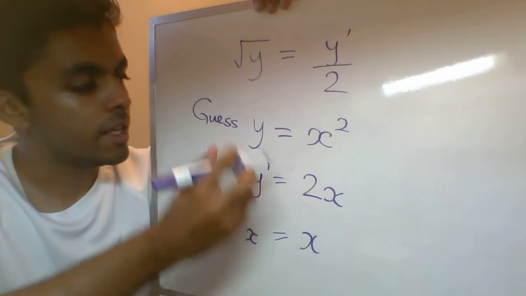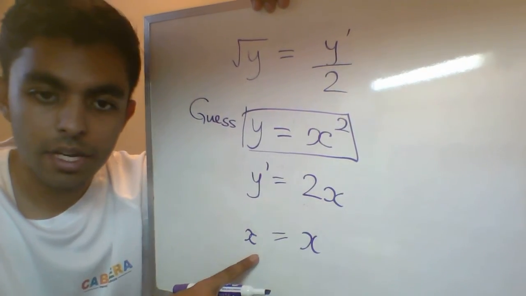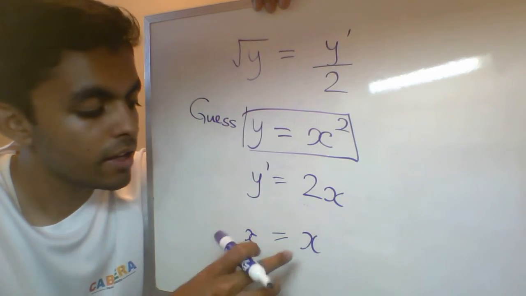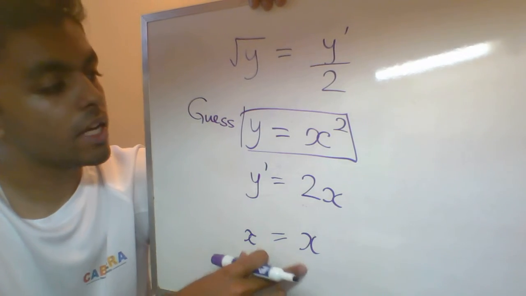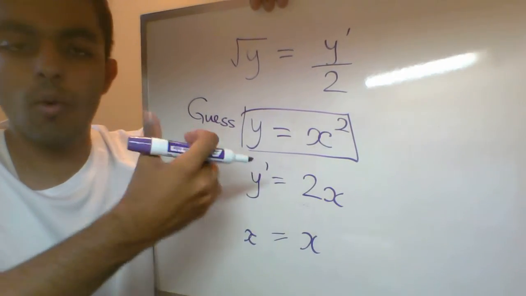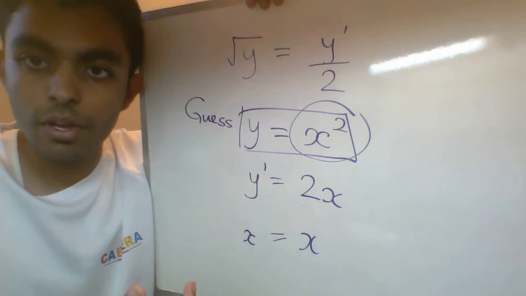What your answer would be is that y must be x squared. This down here, when you finish with x equals x in your final line, is a check to make sure that this guess is correct. So you'll have a guess that is y equals something, and that something is the answer that we're looking for.